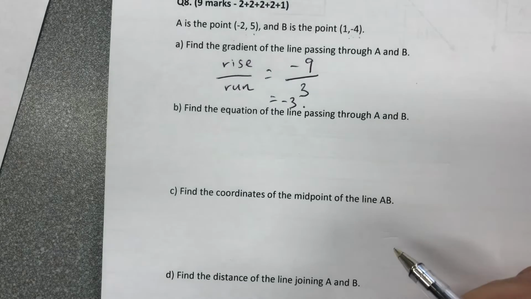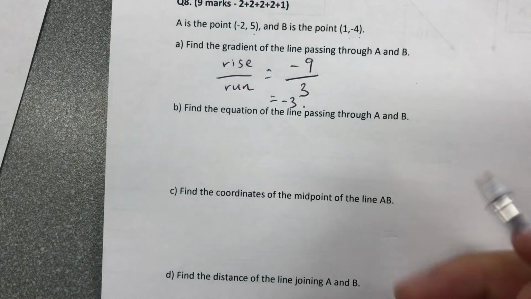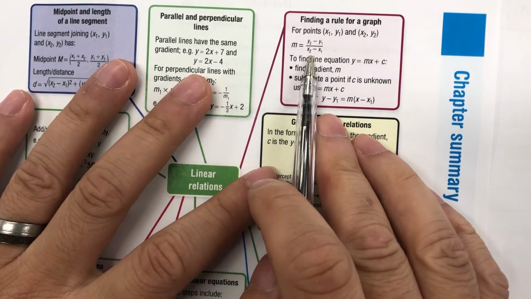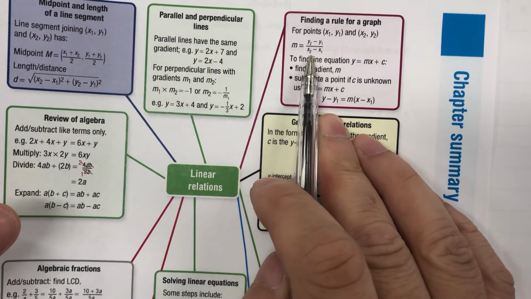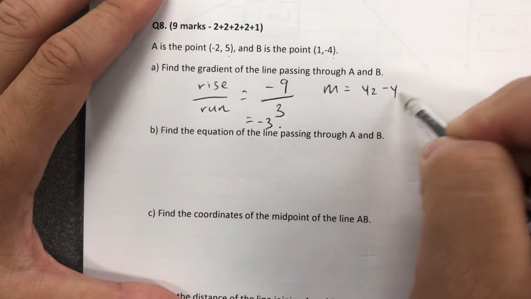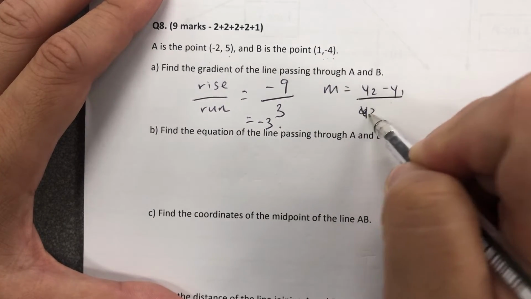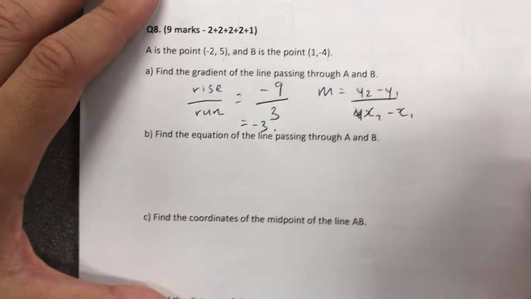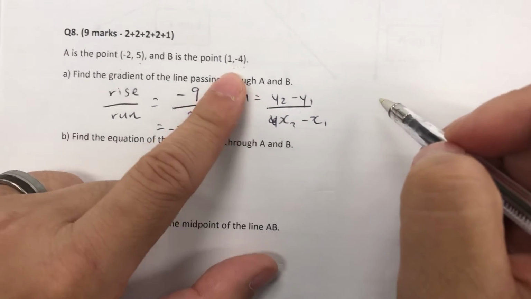You can use the formula to find gradient, which is this equation here, and it will give you the same result. So m is equal to y2 minus y1 over x2 minus x1. And then you will get, let's call this 2 and 1.